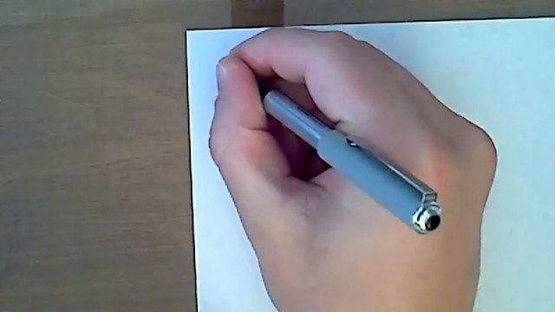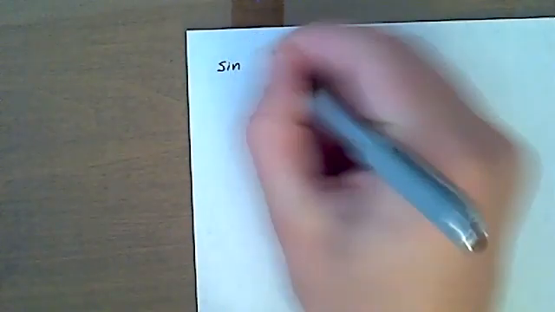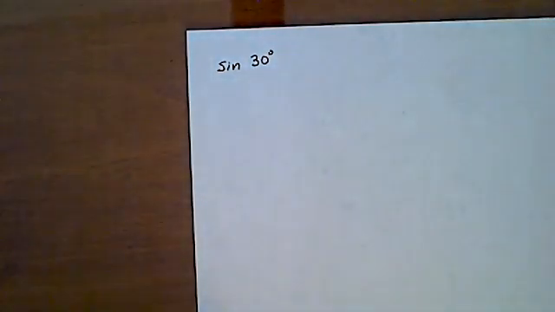All right, so what we're going to use is trying to make this connection here. So we want to find the sine of 30 degrees. On the last part we were just saying the sine of some angle is this ratio, right?